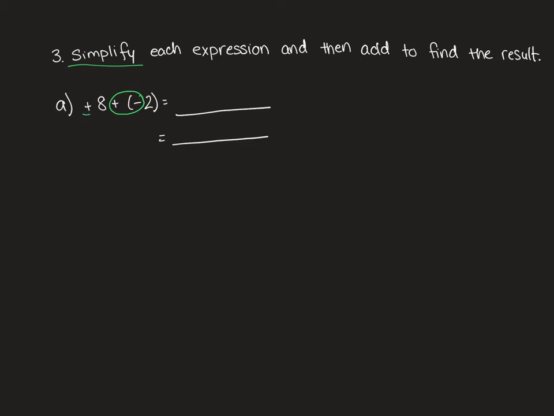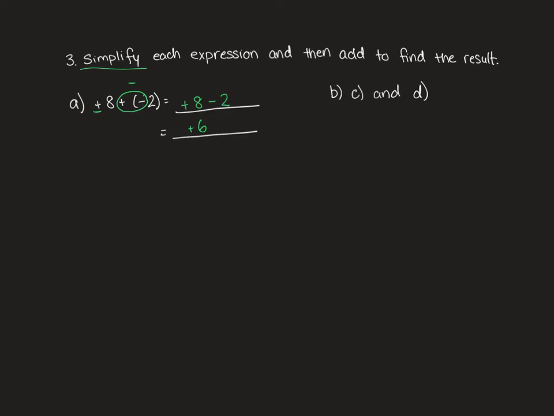So we have +8, and then when you add a negative, that's the same thing as just subtracting 2. That's an overall loss. So we're writing this as gains and losses. And then you could go, okay, +8 minus 2 is +6, okay? Questions B, C, and D will both be dealing with just a sequence of 2 integers.